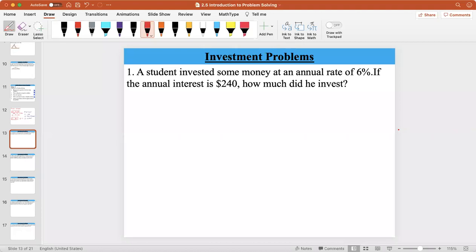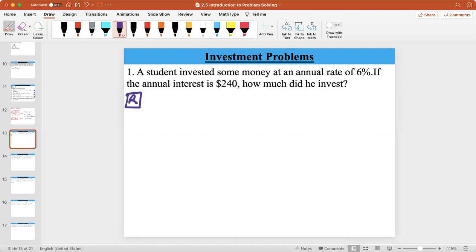A student invested some money at an annual rate of 6%. If the annual interest is $240, how much did he invest? Okay, so let's use our 4 steps in solving word problems, the blueprint for solving word problems.